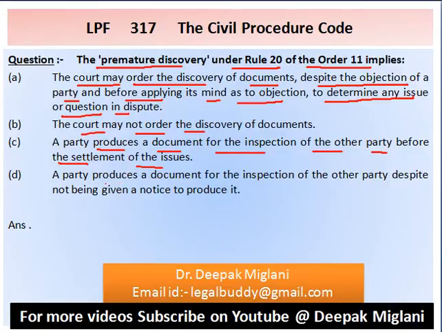Option D, a party produces a document for the inspection of the other party despite not being given a notice to produce it.